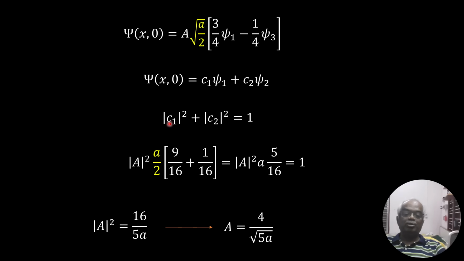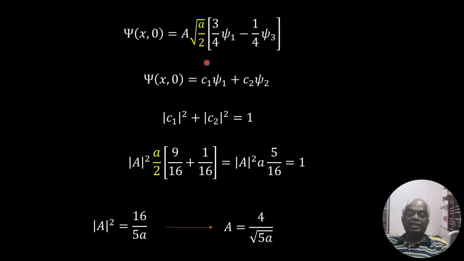Now we know from the orthonormal property that modulus c1 squared plus modulus c2 squared is equal to 1. Here you take the modulus square of this. This is the common parameter. So modulus A squared, the square root gets removed, a by 2, and you square the expansion coefficient of psi 1.